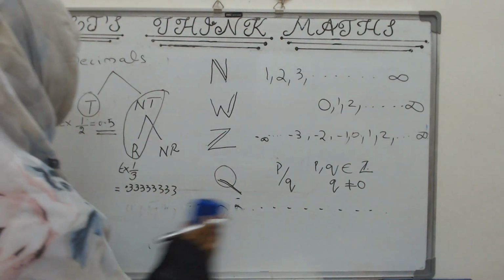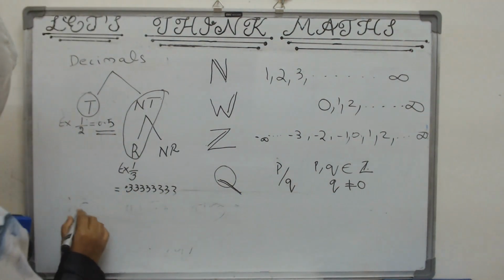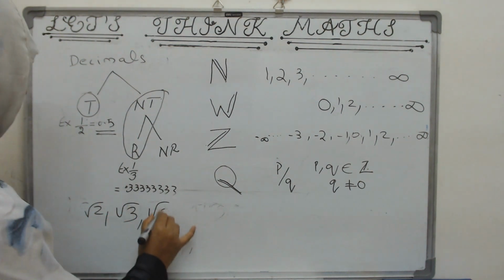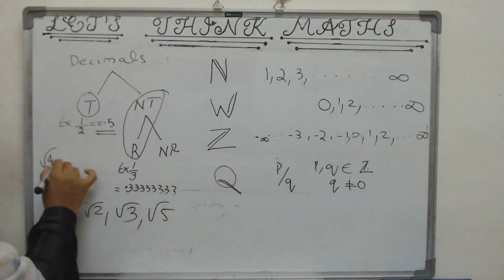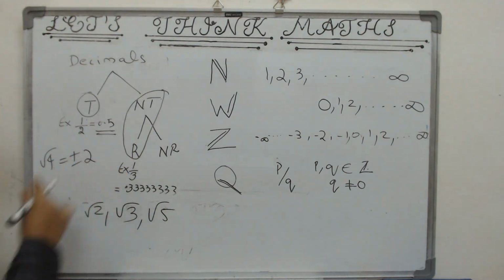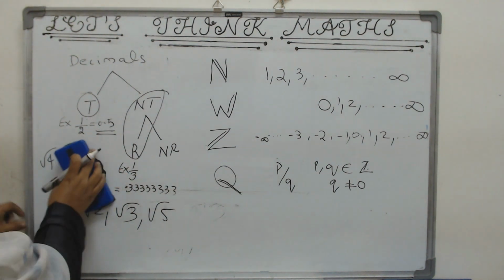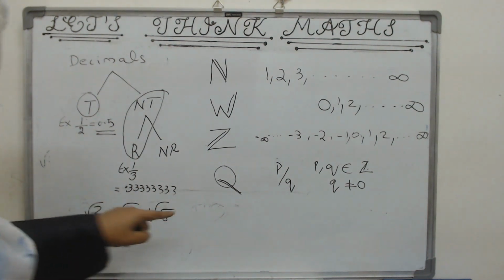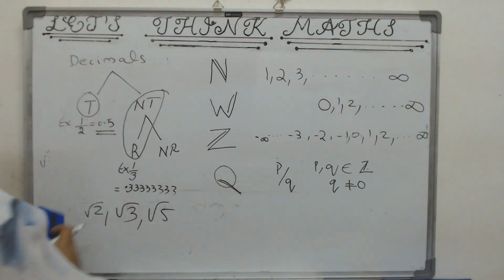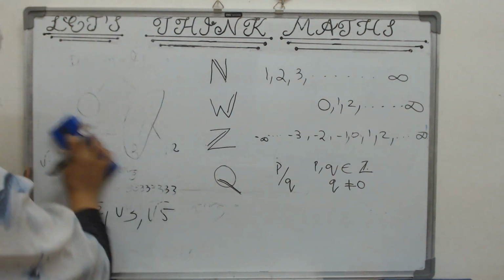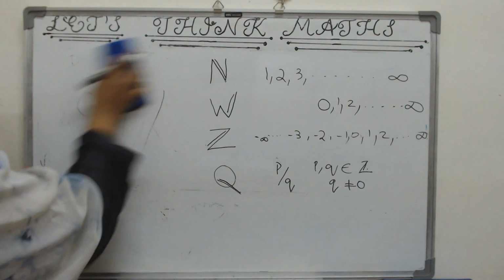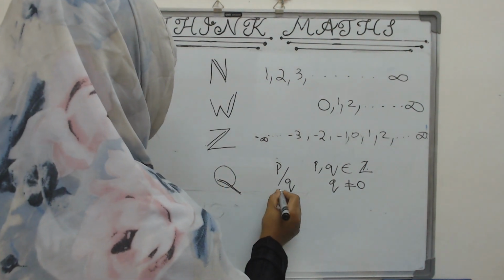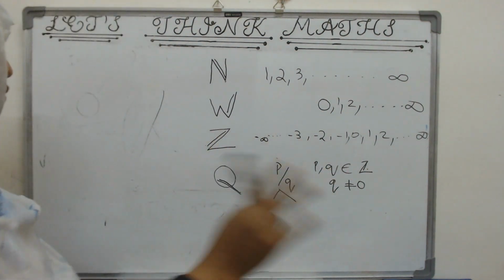An example of an irrational number is square root of 2, square root of 3, square root of 5, not square root of 4, because square root of 4 will be plus or minus 2, which is an integer. So that does not count. So an irrational number looks like this, and that is exactly what we are missing here. What we have is the set of rational numbers, and for the rational numbers, there are two kinds.